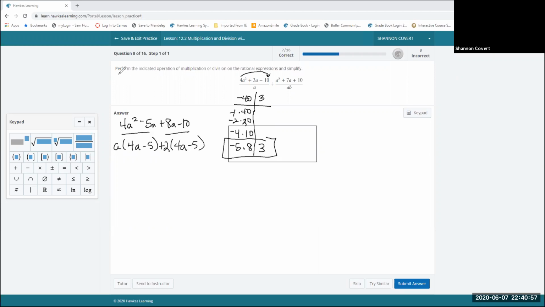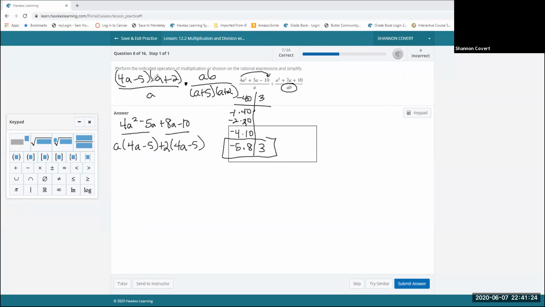So that factors into (4a − 5)(a + 2), and that's over a. I'm flipping these because it's a division problem, so this ab now becomes my numerator. And here I'm looking for 2 factors of 10 that add to 7. So that's (a + 5)(a + 2).